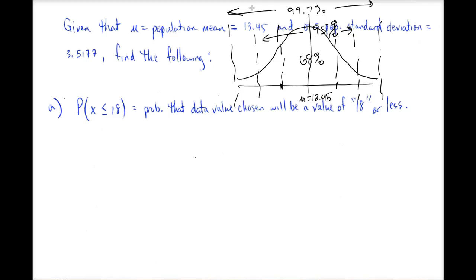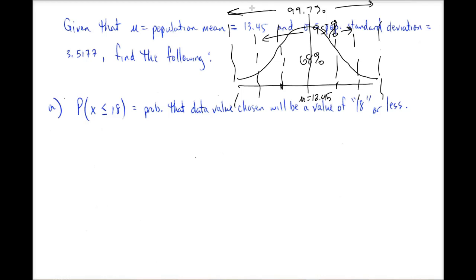And when we're given a population mean and a population standard deviation, that just lets us know the story about how the data is distributed amongst the collection of data that we have. We look at everything as how far each data value is from the mean.